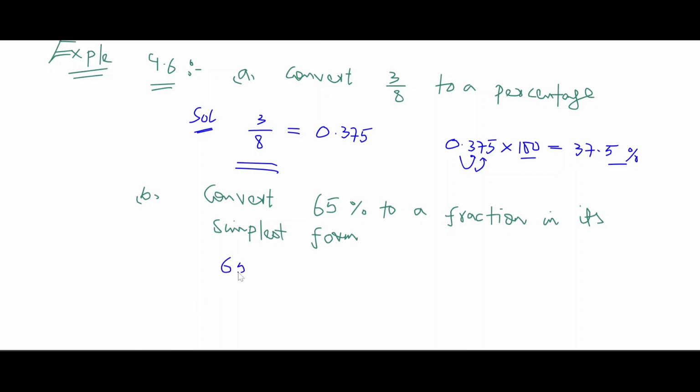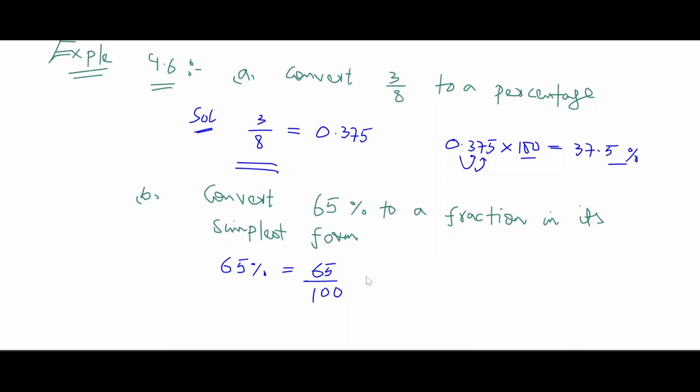We have 65%, and the percent sign will go. It will skip. So 65 divided by 100. So now we have 65% as a fraction, but we want the simplest form.